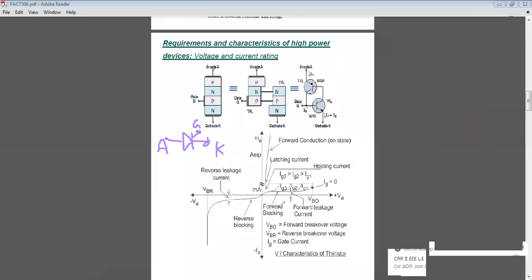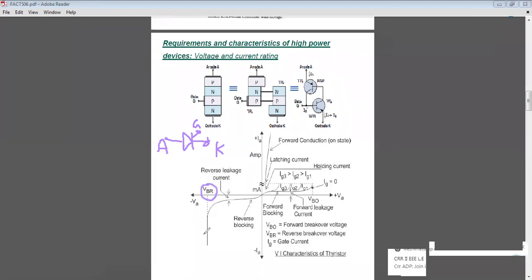But here we'll consider the VI characteristics. For reverse blocking capacity, reverse leakage current will be flowing, and breakdown occurs if you go on increasing the reverse voltage to a particular point.